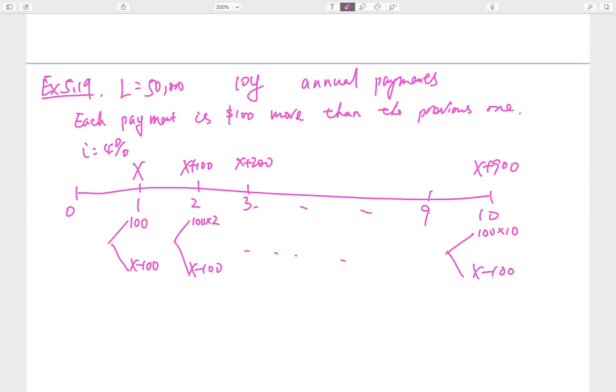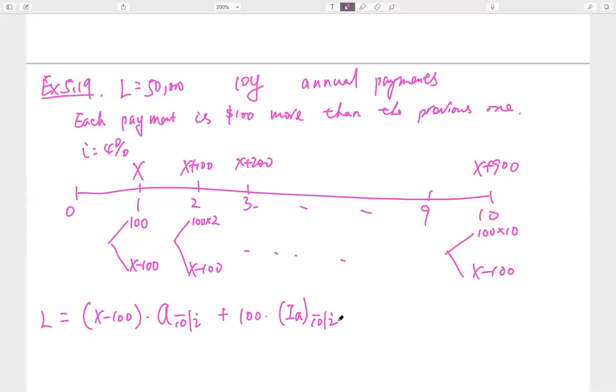Then my original amount would be equal to level payments of this. This is level, so it's the annuity immediate. And then I have an increasing annuity for 10 years. Obviously, I can solve this equation to get the result.